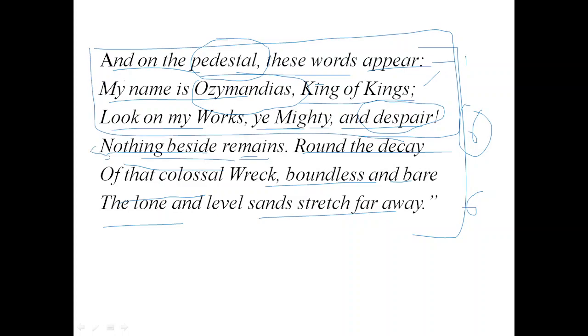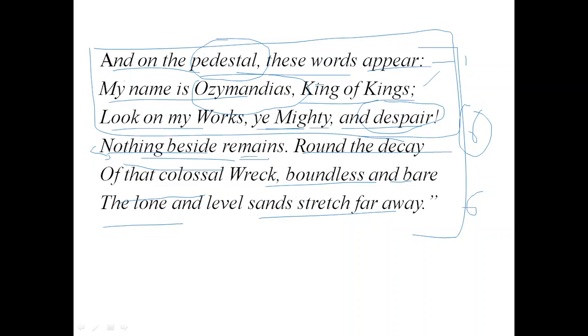Wreck means वो जो you can call it kind of a broken statue that is huge, and around the broken statue, huge broken statue, boundless and bare. Boundless means without any boundary, and bare, the lone and level sands stretch far away, and there is nothing else. Bare means there is nothing else.